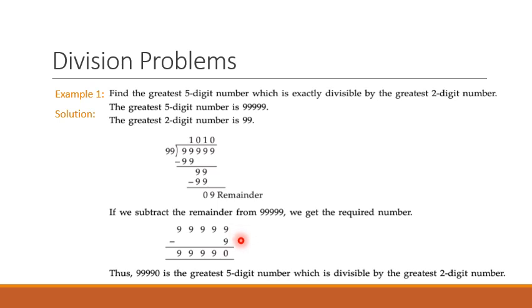So subtracting this, I will get 99,990, and this is the greatest 5-digit number which is exactly divisible by 99. So for all such problems, you have to first divide the number, and whatever is the remainder, subtract it from the given number. In this way you will get the greatest number which is exactly divisible.